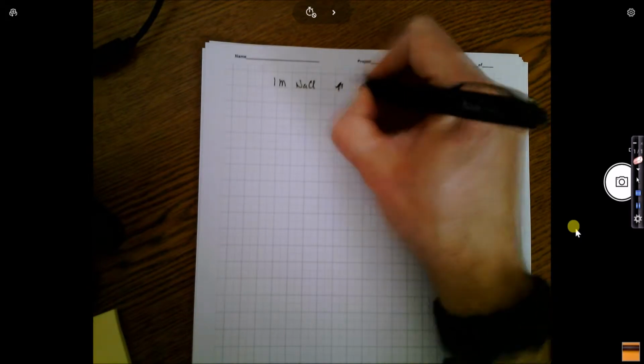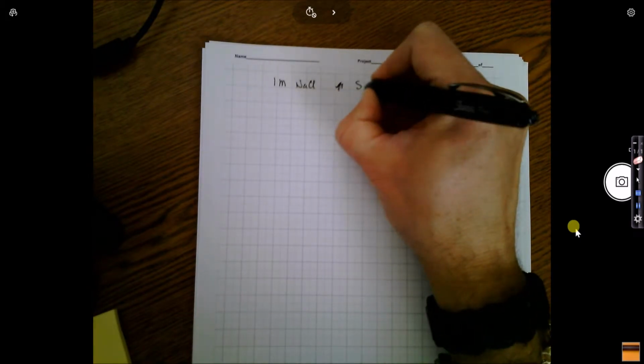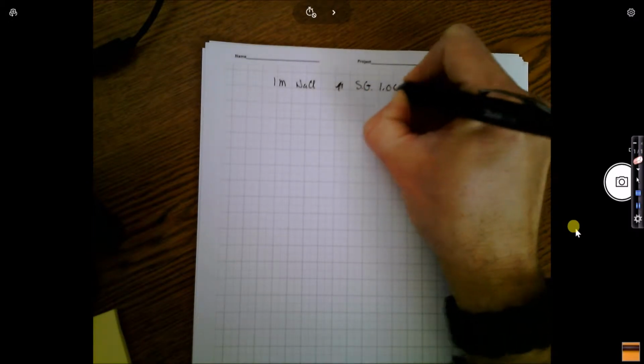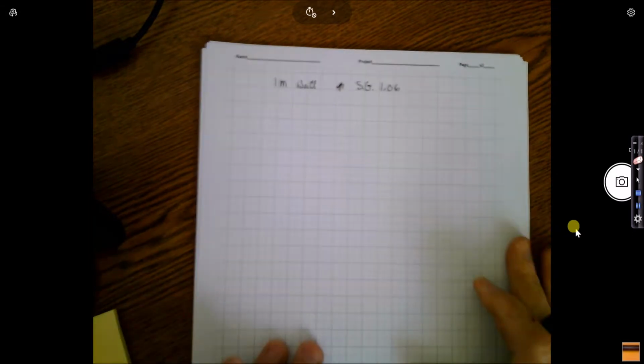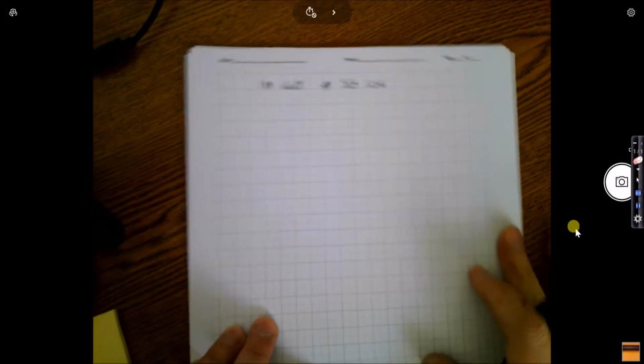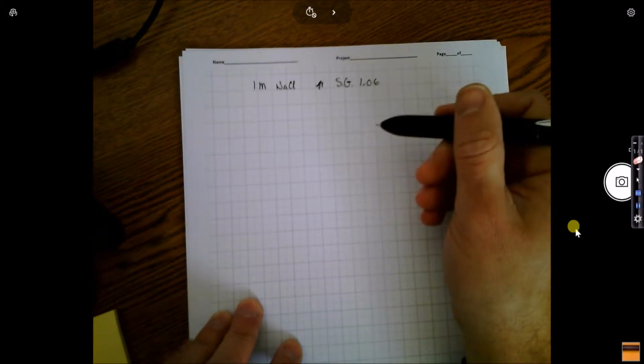Actually, let's put it in terms of specific gravity, and I'll show you why in a little bit. So it has a specific gravity of 1.06. The reason why I'm saying specific gravity instead of just density is we're going to be doing things in terms of kilograms and cubic meters instead of grams per centimeter cubed. And so using specific gravity is just slightly easier.